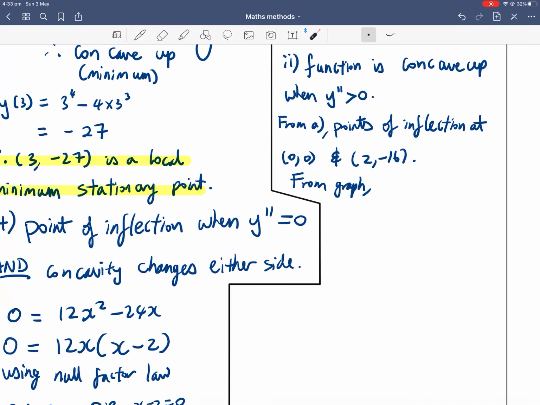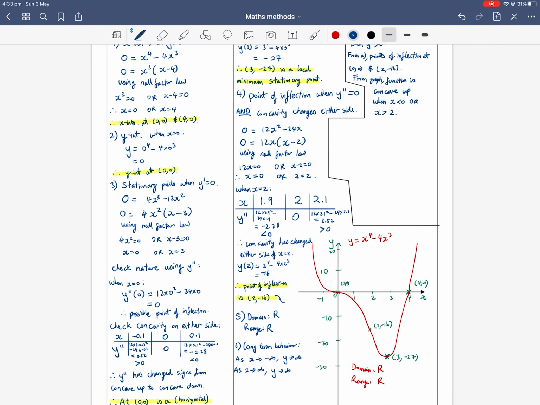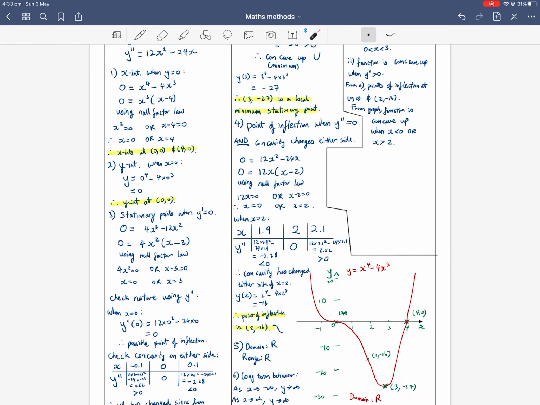So from the graph, the function is concave up when x is less than 0 or when x is bigger than 2, because that's the other part of the smiley face that you've got there.